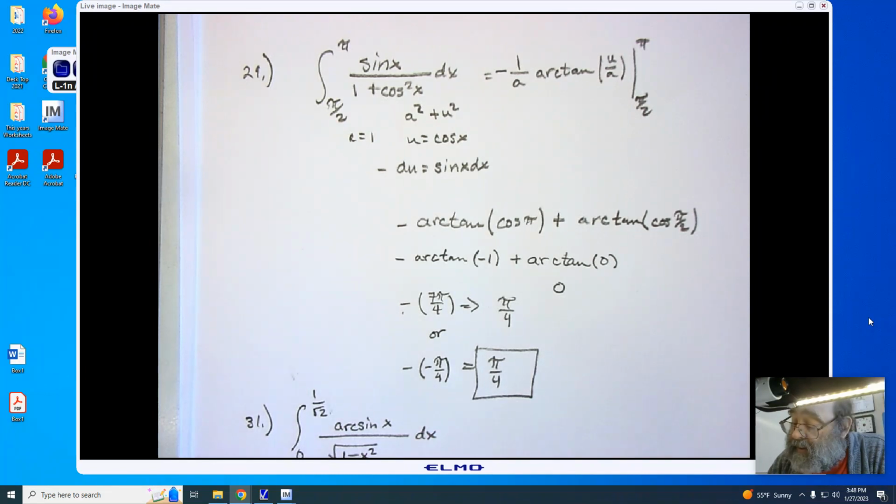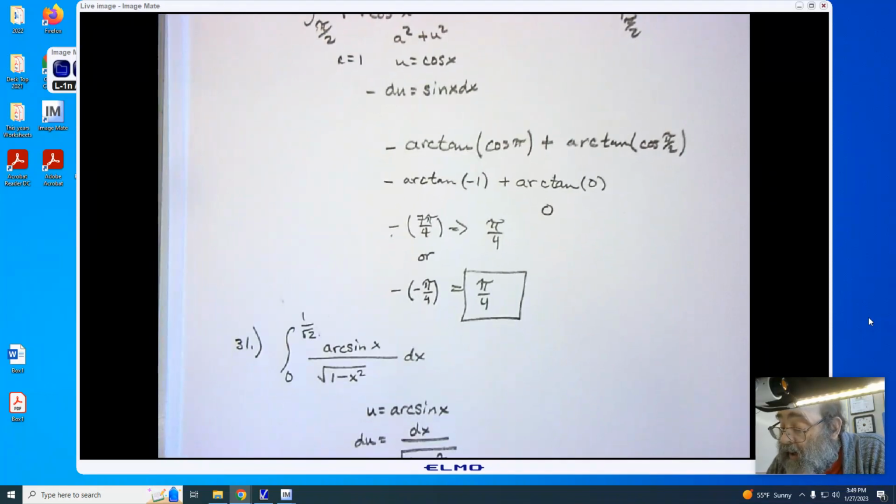Alrighty, so let's see. This time I'm going to let u equal the arc sine of x, because I know that the du is going to be the dx over the square root of 1 minus x squared. And you can clearly see that that's what we're working with.